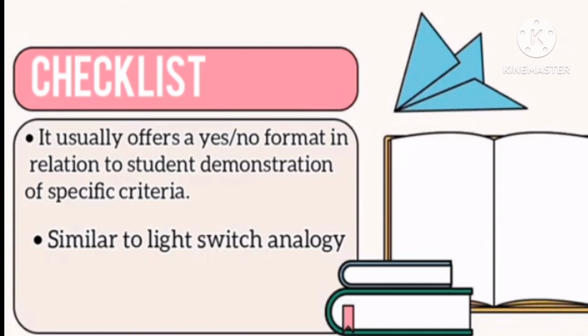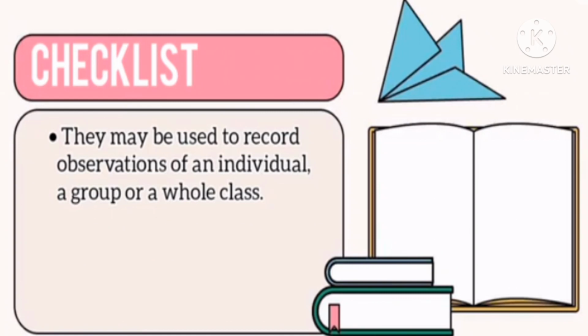You have to check if the student's behavior, the assignments, or the projects comply, so that you have a reference of the kind of activity. They may be used to record observation of an individual, a group, or a whole class. This is the basis for the teachers on whether the student is doing right or wrong, yes or no, to the activities that the teachers give to the students.